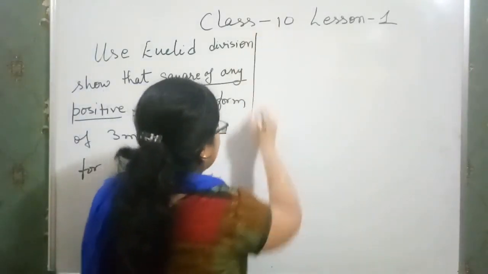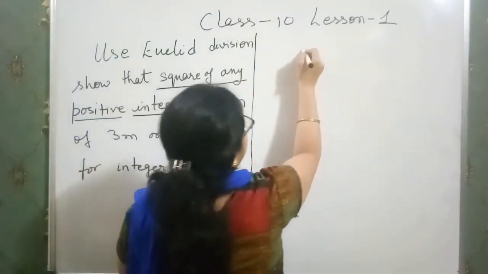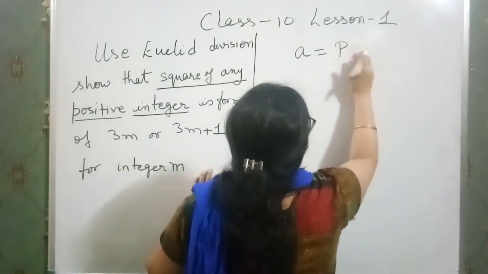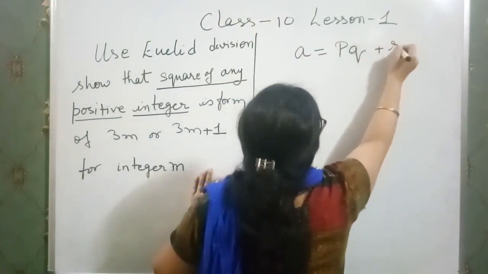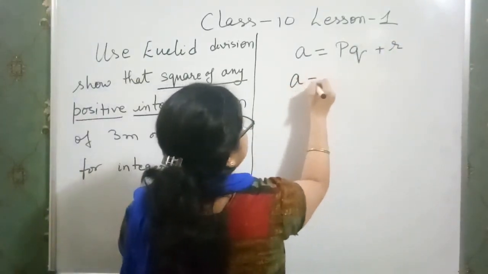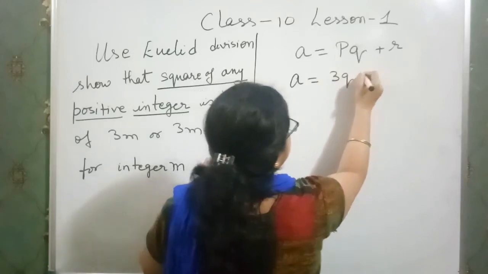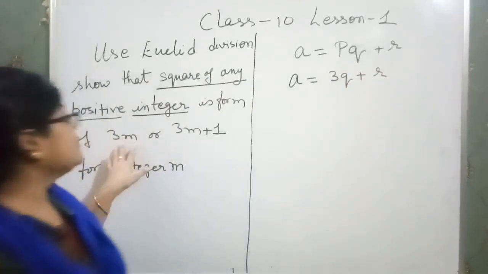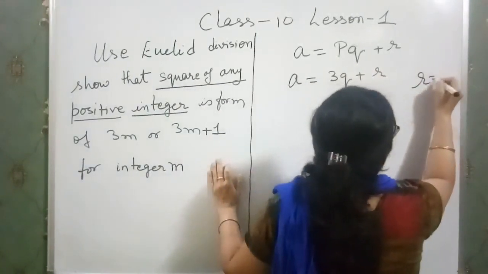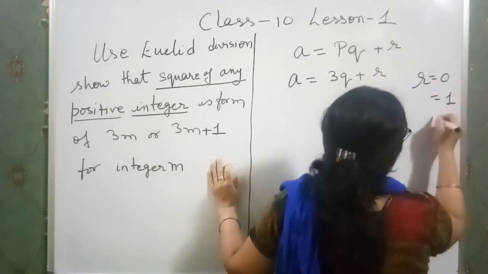Now from the Euclid division we know that it is in the form of bq plus r. So our lemma becomes a is equal to 3q plus r, because it is given here 3m or 3m plus 1. And we take the values of r as 0, 1 and 2.